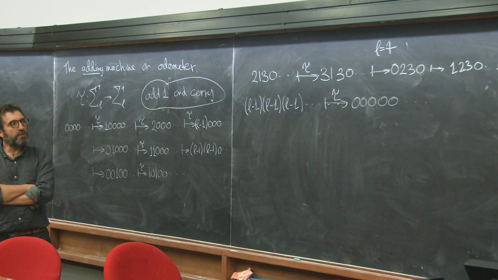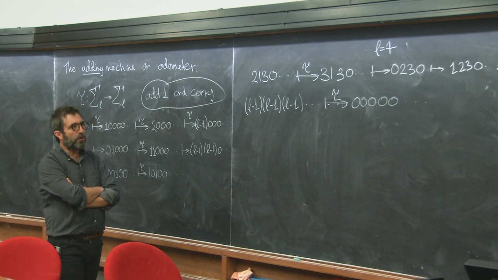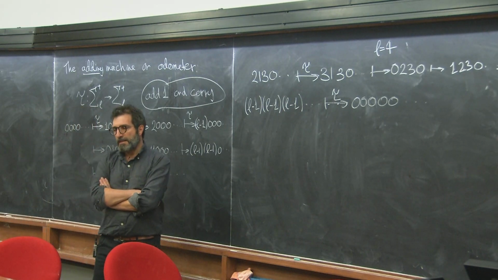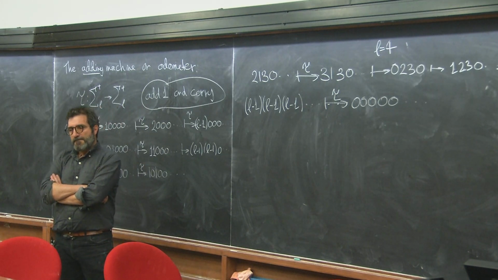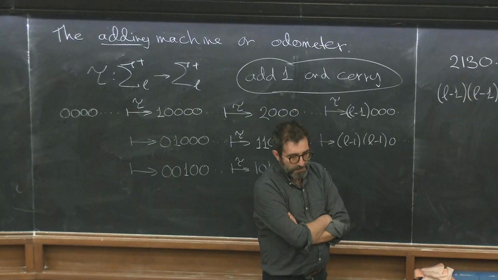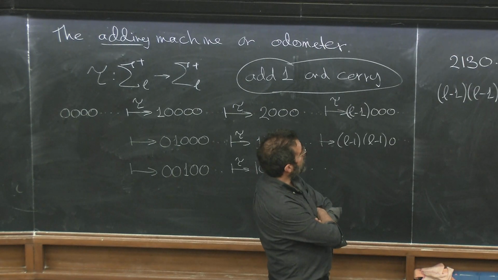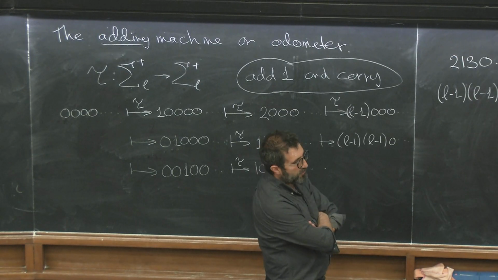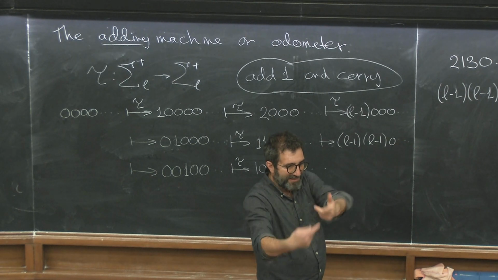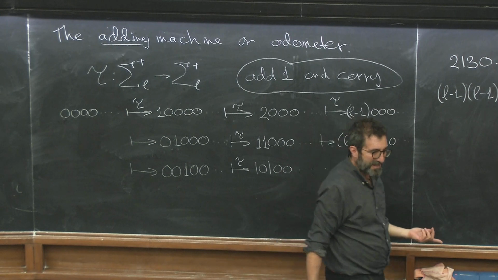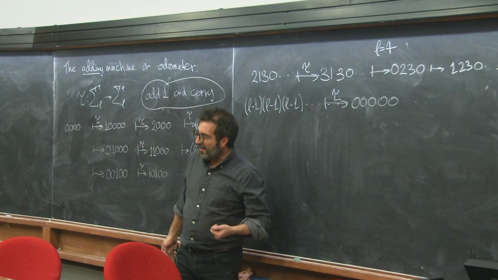Can you have 2 points mapping to the same point? No, I don't think so. I think this is injective. Yeah, it's clearly injective, because if you see the way we do it, if you start with 2 sequences that are different, you add 1 to both sequences, they cannot map to the same sequence, right? If they're different, you add 1.